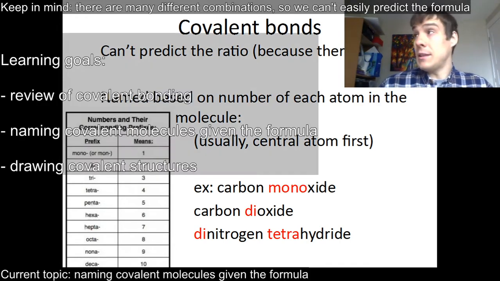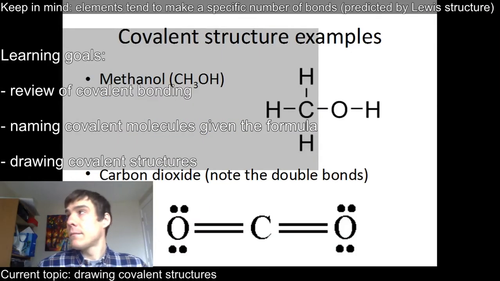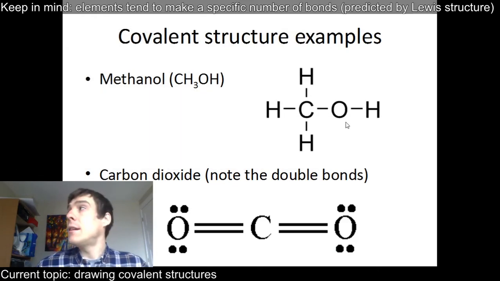Next up in our list is drawing covalent structures, which is going to be the bulk of this video. So when we draw covalent structures, we do stuff like this. We represent pairs of electrons that are bonding as lines, and sometimes there's lone pairs that stay on the molecule.